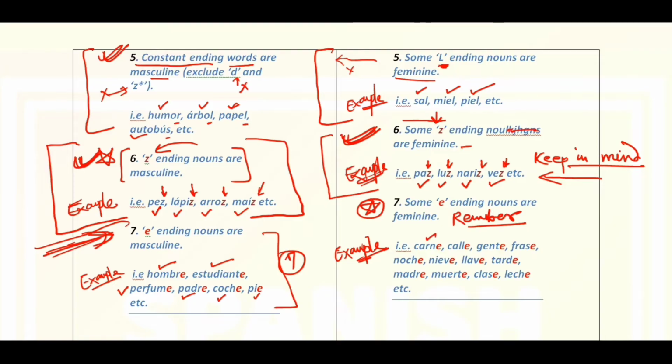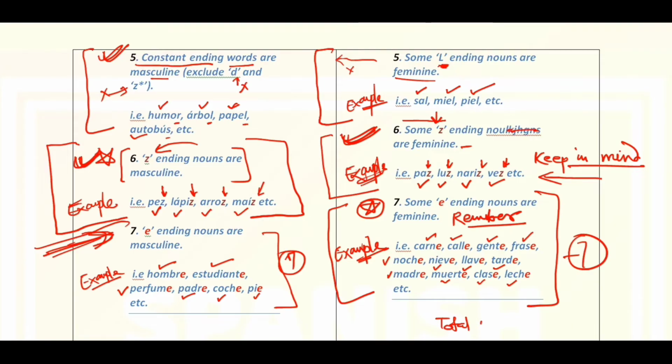We'll repeat it again: carne, meat; calle, street; gente, people; frase, sentence; noche, night; nieve, snow; llave, key; tarde, late; madre, mother; muerte, death; clase, class; leche, milk, etc. These are E-ending nouns but feminine in nature. These are 7 points.